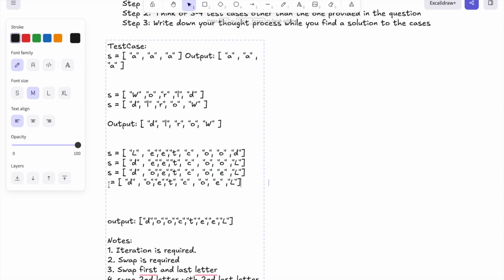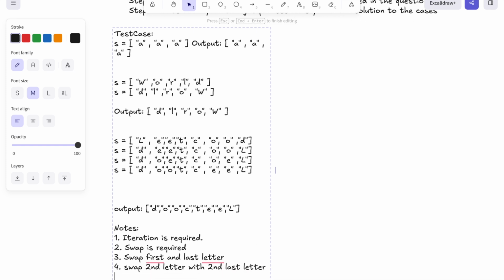So in the third iteration, we swapped O and E that was on the third index with the third last index, right? So we write here swap third letter with third last letter.